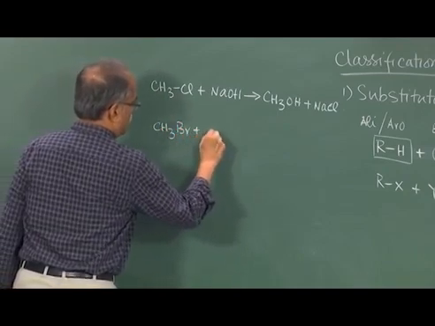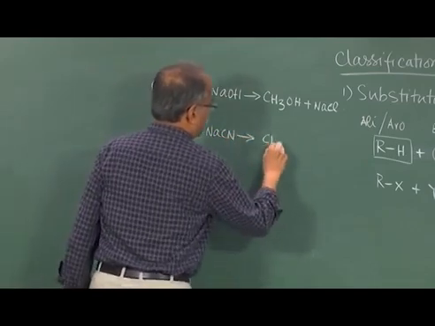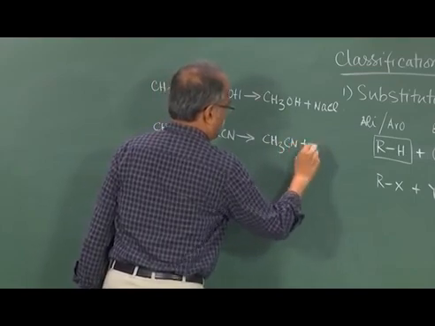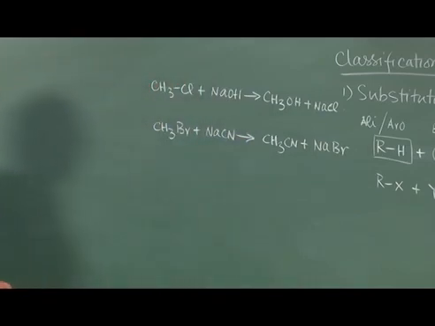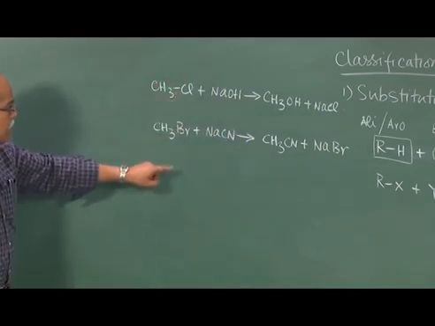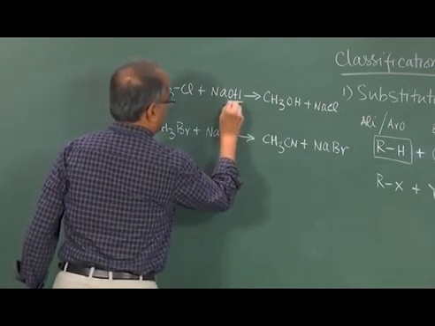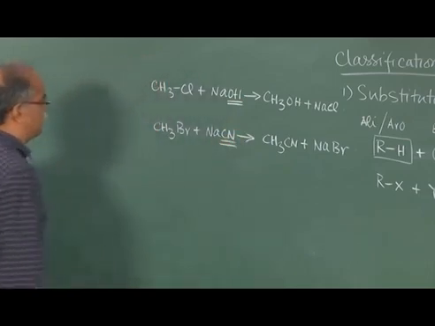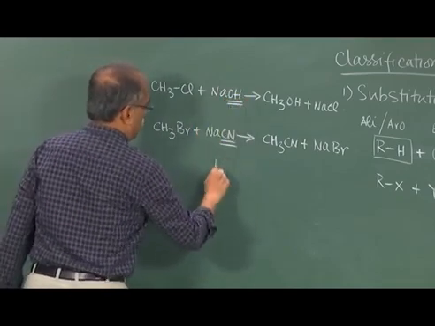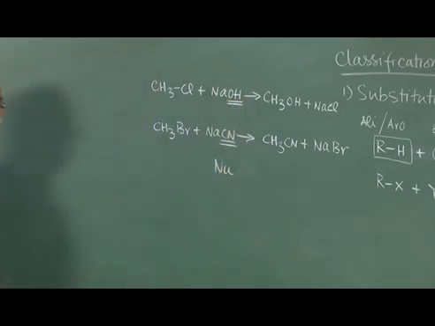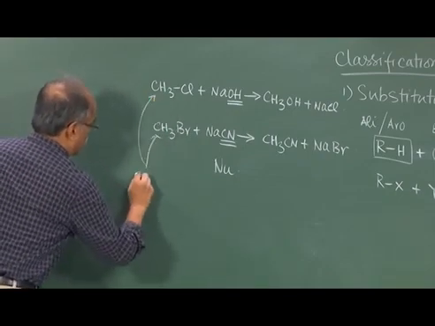Here bromide is substituted by cyanide as a nucleophile. So, this is producing acetonitrile and sodium bromide. If you look at both reactions, the chloride ion is displaced here and the bromide ion is displaced here, and this is the reactive species or the reagent that is used. By virtue of having an OH minus or a CN minus charge, these are nucleophilic reagents, and these are the electrophilic carbons.